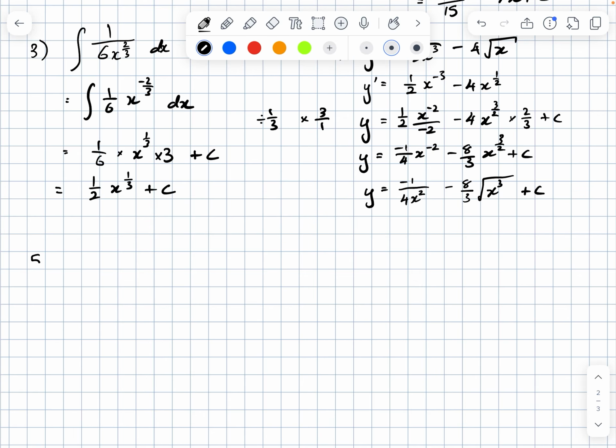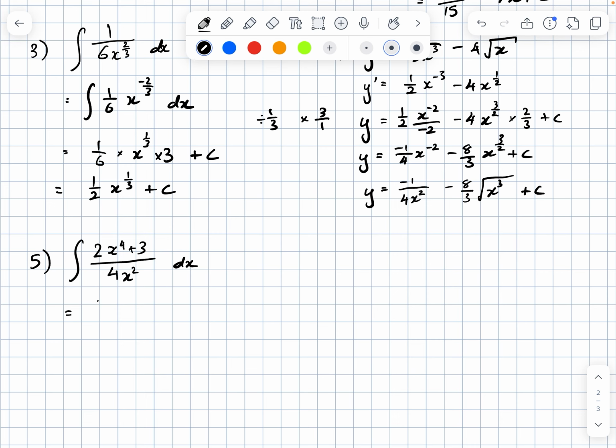Final question. Integrate 2x to the power of 4 plus 3 all over 4x squared dx. When we have just one thing on the bottom of our fraction, we can look to split our numerator into two parts.